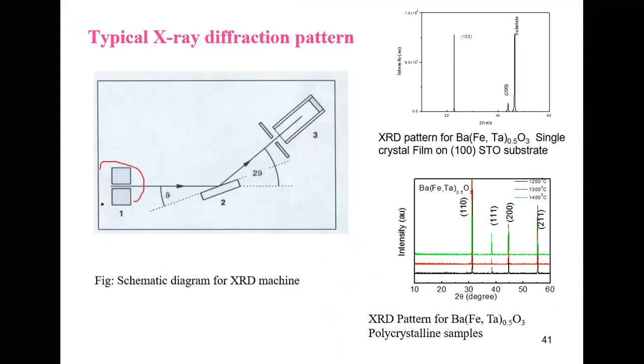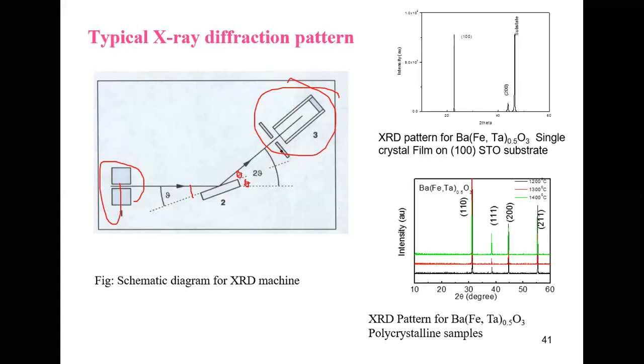This is the X-ray source, this is the detector, and that is the material under investigation. This is the surface of the material, and the light is incident at an angle theta. This is the original direction of the light, and this angle is theta, and this angle will also be theta.